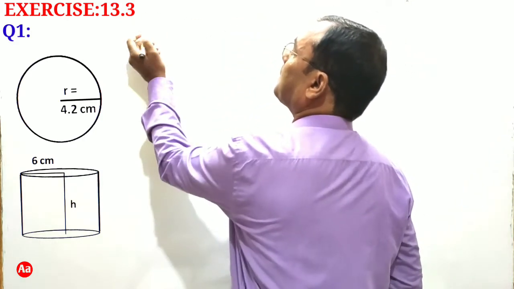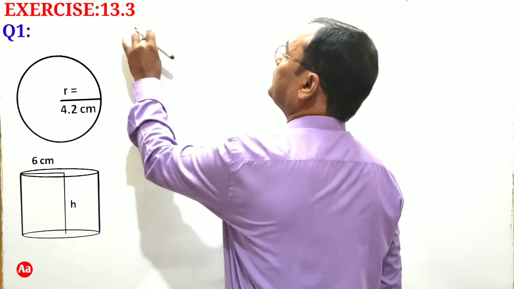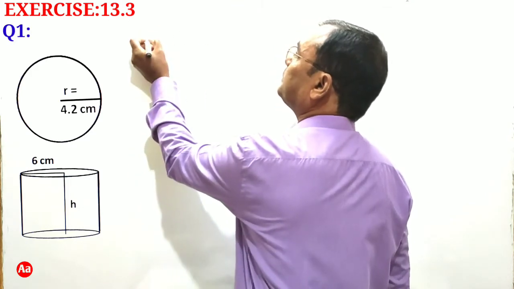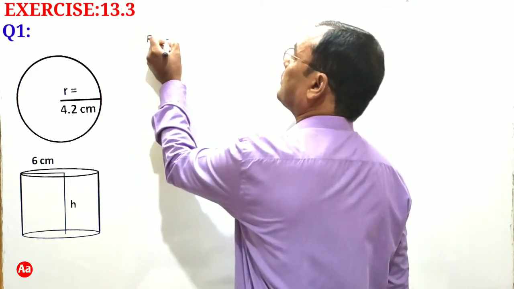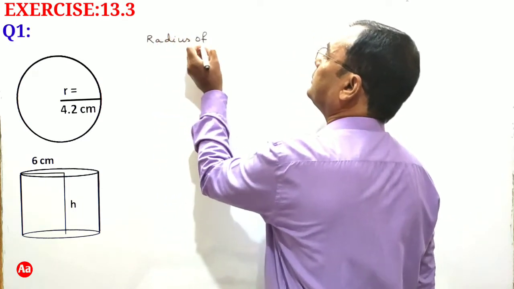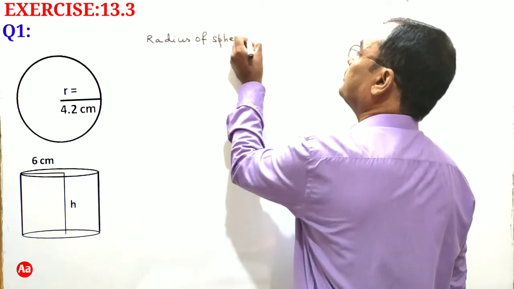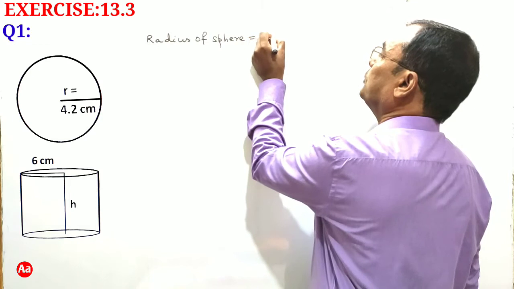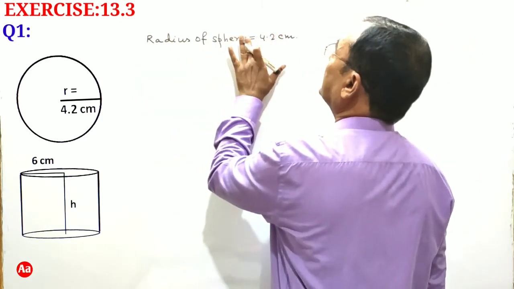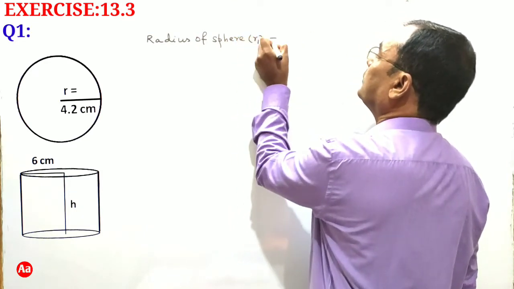Let us write radius of sphere as R1 equal to 4.2 centimeter. Radius of sphere is equal to 4.2 centimeter, and let us denote it by R1.